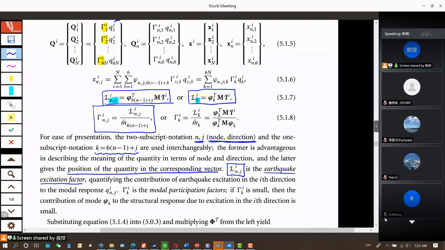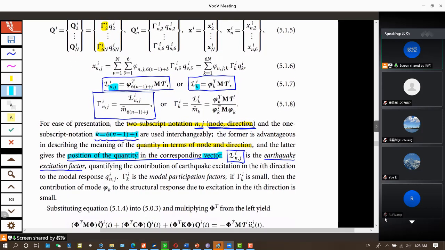L divided by M gives us gamma, and this gamma is the modal participation factor. This characterizes the contribution of the mode. If this value is small, then the contribution from mode k is small. If this value is large, then the contribution of mode k is large.